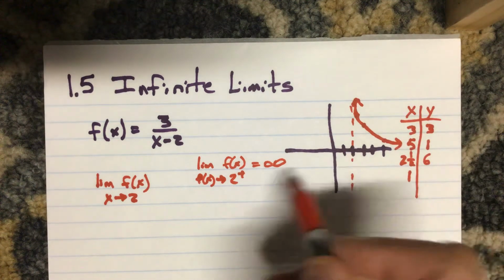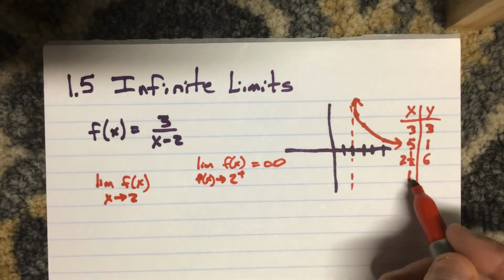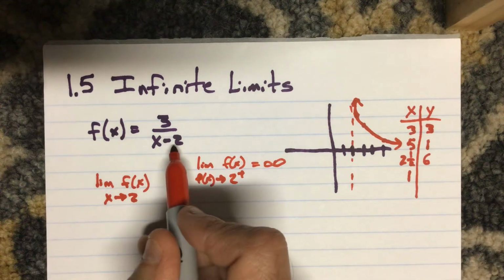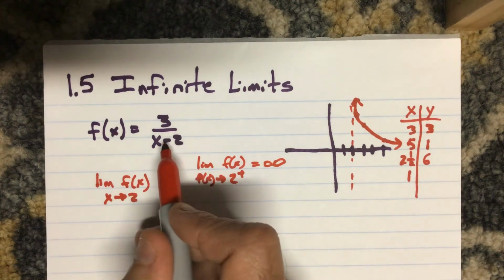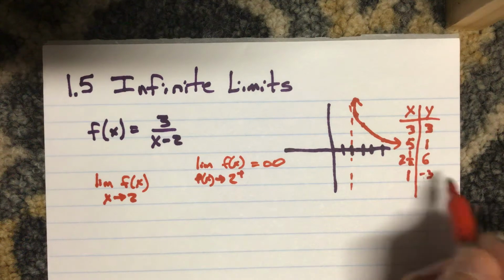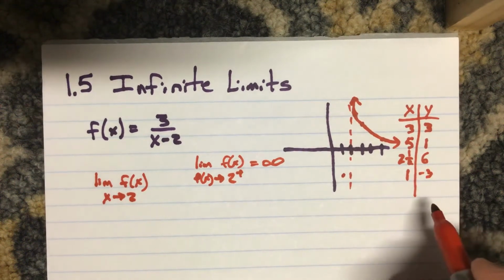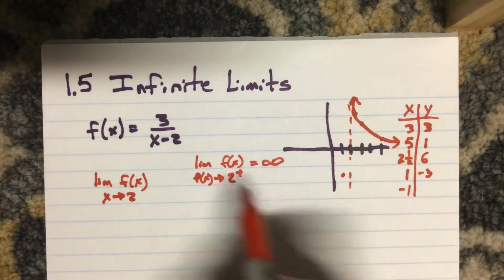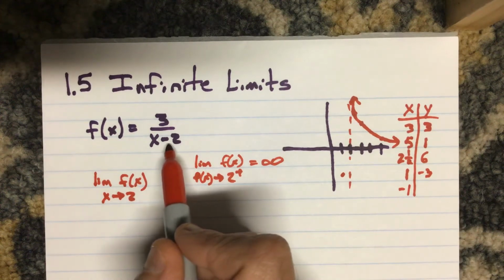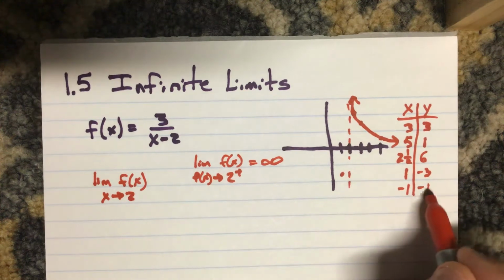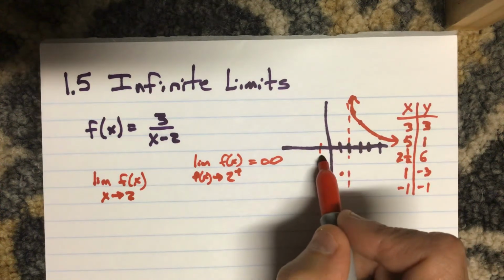If we were to plug in values on the left of 2, so we plug in 1, 1 minus 2 is negative 1, 3 divided by negative 1 is negative 3. So we get 1, negative 3. And if we plug in negative 1, negative 1 minus 2 is negative 3, 3 divided by negative 3 is negative 1. So we get negative 1, negative 1.